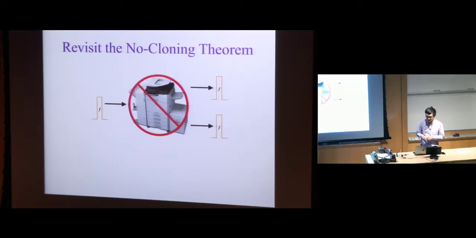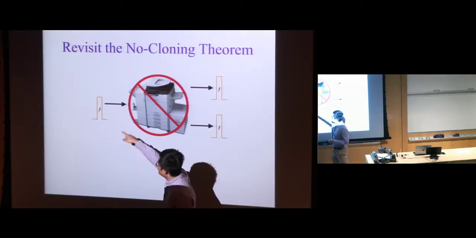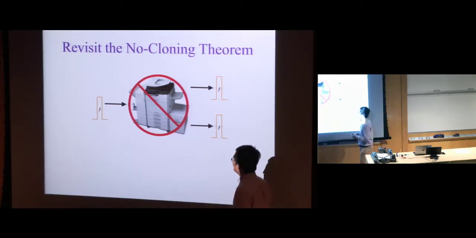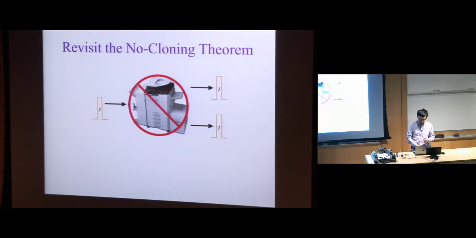So now let's look at this no cloning theorem. What the no cloning theorem states is that if you have one photon carrying an unknown quantum state, you can't duplicate the state of that photon. But now imagine, over a bit duration, you have two photons, but the two photons carry different quantum states.